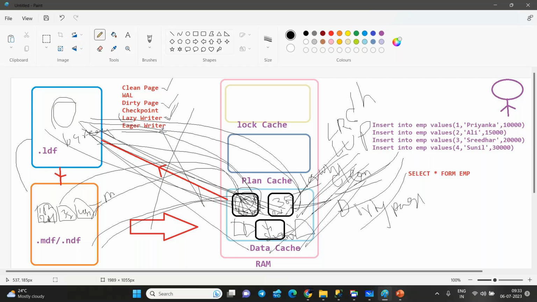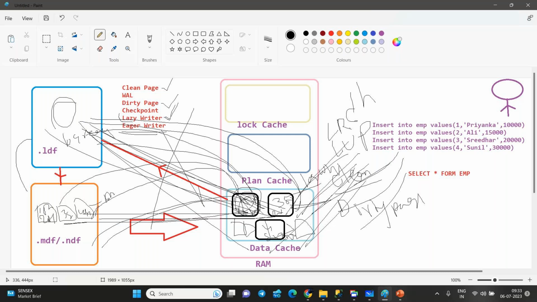Eager writer is a backend thread which helps with page creation and page writing in parallel. When SQL Server senses you are performing a bulk operation such as BCP, select into, SSIS, Azure Data Factory, when you are using such keywords.